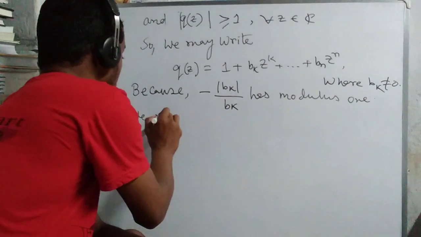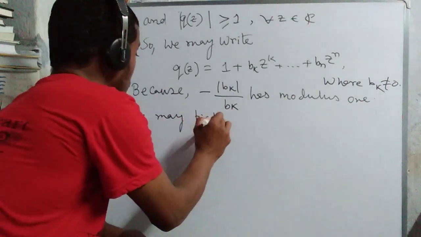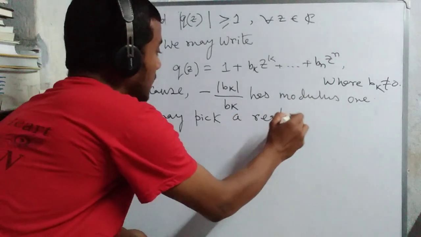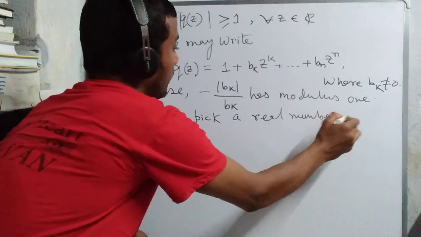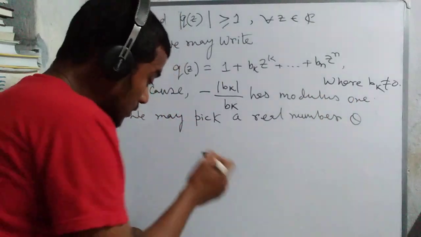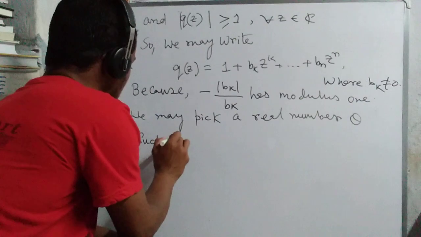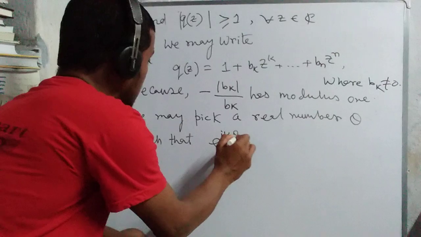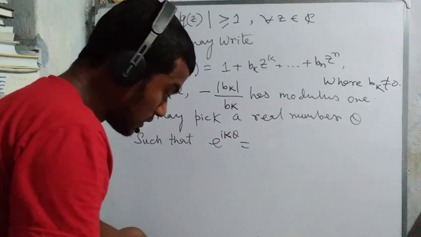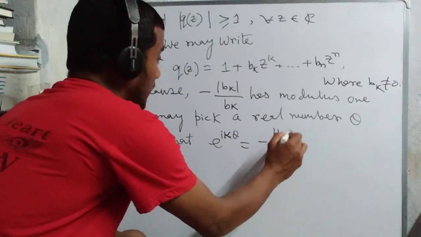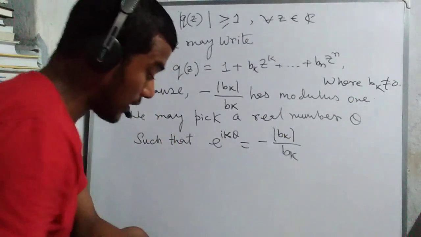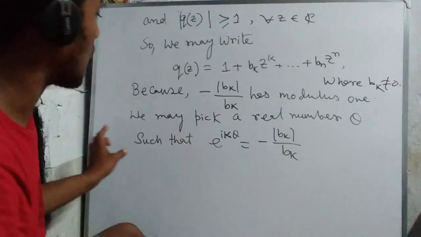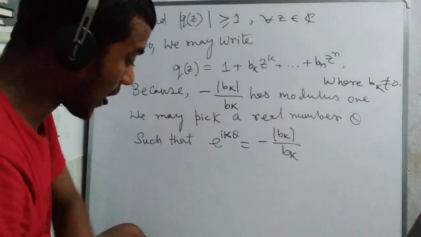We may pick a real number theta, that is theta belongs to R, such that e^(ikθ) equals modulus of b_k divided by b_k. This has modulus 1, so we write it as e^(ikθ).